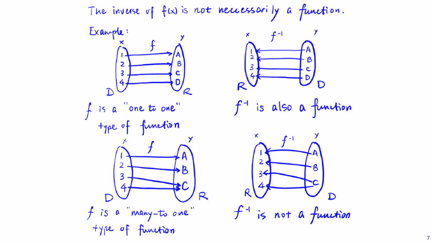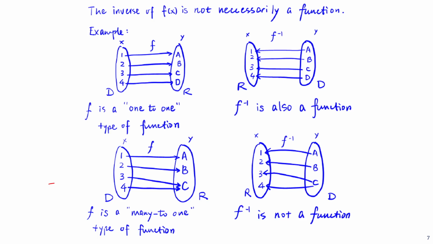Because if you look at this graph, for 1-to-1 mapping relationship, of course, its inverse is also 1-to-1, right? So its inverse is also a function. But remember that for a function, it could also be a many-to-one type of function, right?